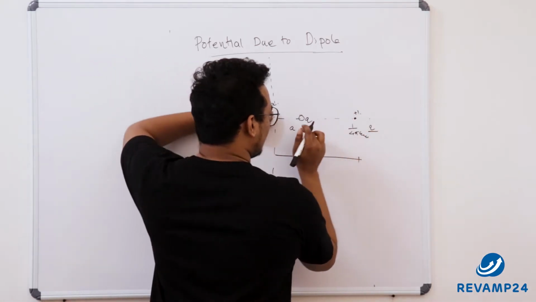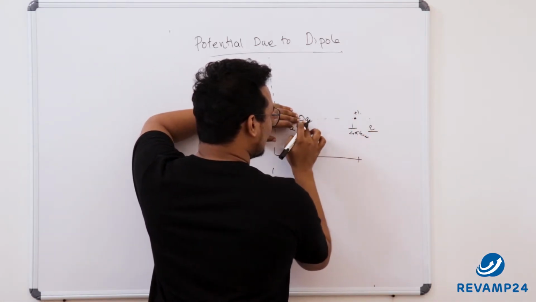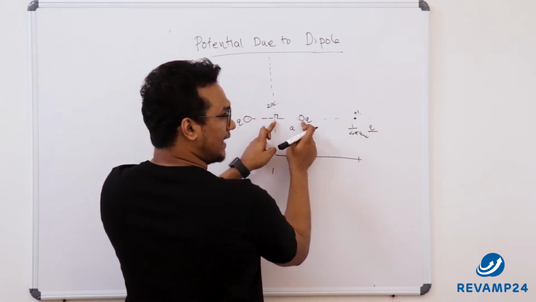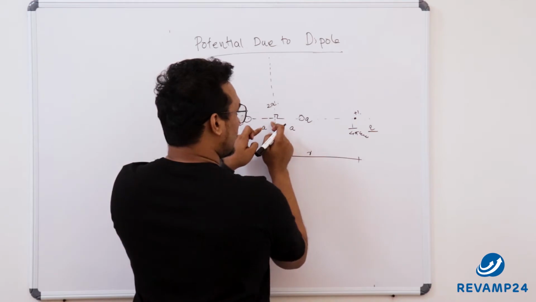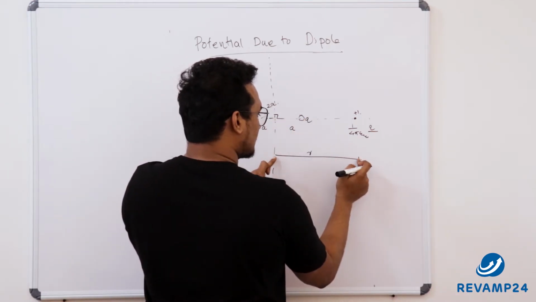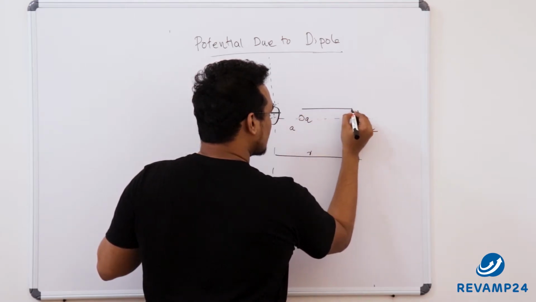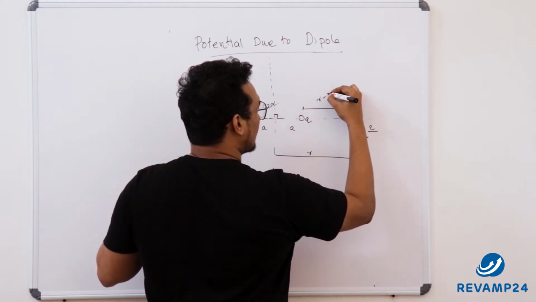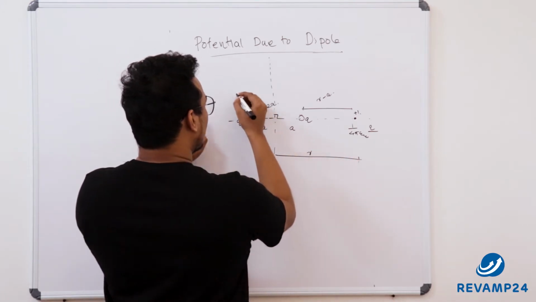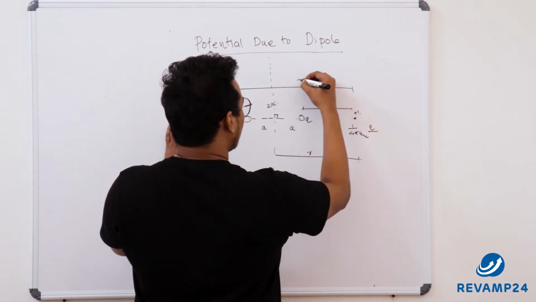With respect to q, this is the distance, but we know only this distance, and we also know a, the distance between the center and plus q. If this is a and the total is r, then what will be this distance? r minus a. Similarly, if this is r and this is a, the total distance is r plus a.